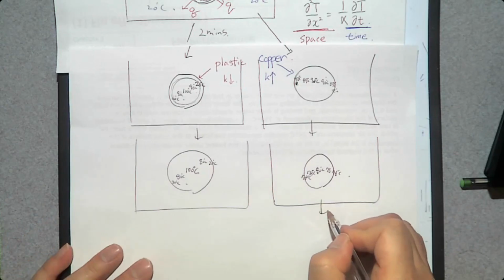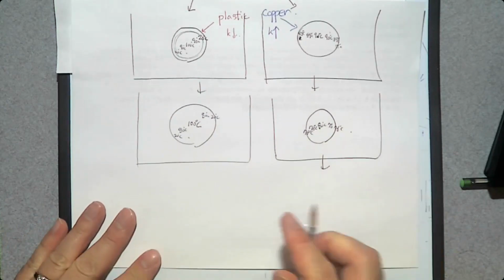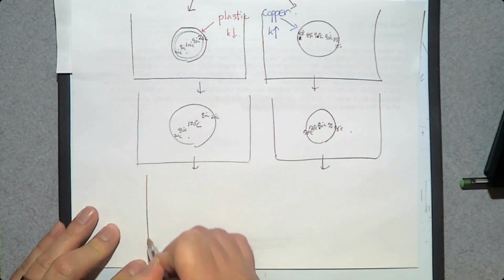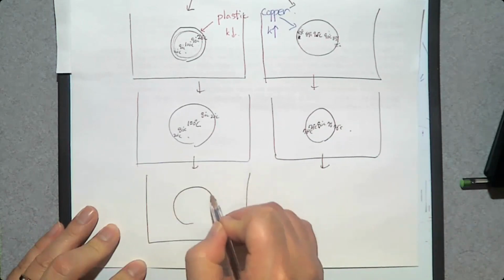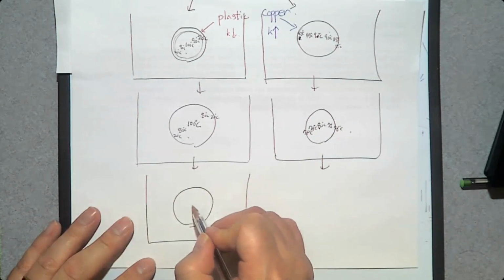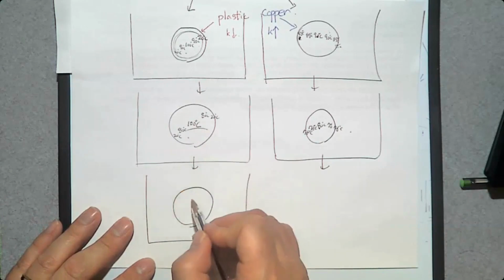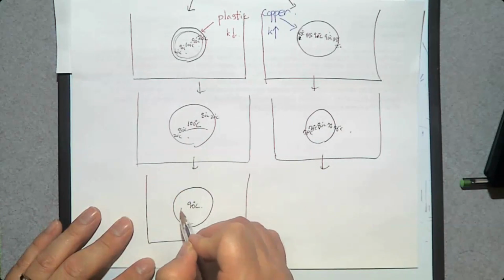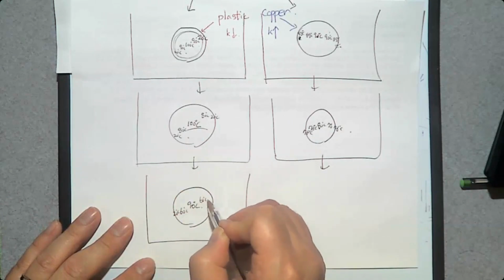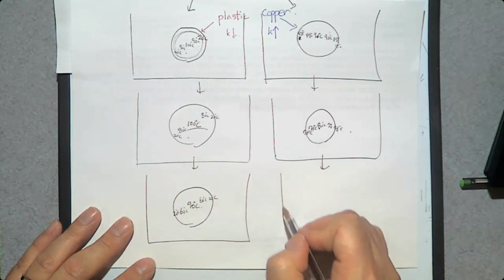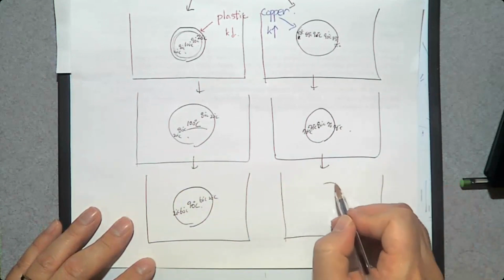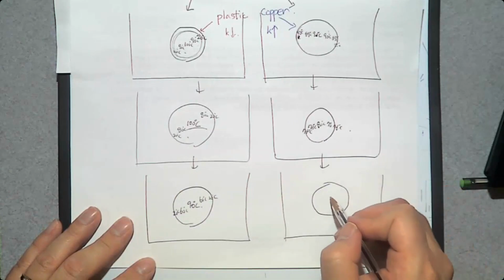And a while later, now there is a slight change at the center. Now the center is not 100 anymore, maybe 90. Away from the surface, 60. Near the surface, 20, 60, 20. And on the other hand, here, heat transfer in the solid is very fast.